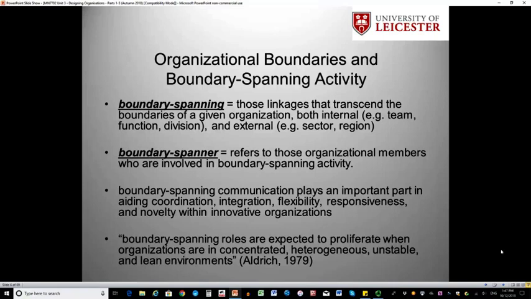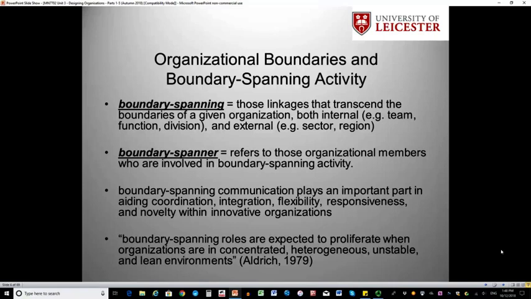One of the topics, or one of the concepts I want to talk about now, which actually links to the first of those problems, the interrelationship between the part-whole problem and the project of the innovation, is the idea of boundary spanning. Because boundary spanning is the way in which individuals interact with each other across boundaries.